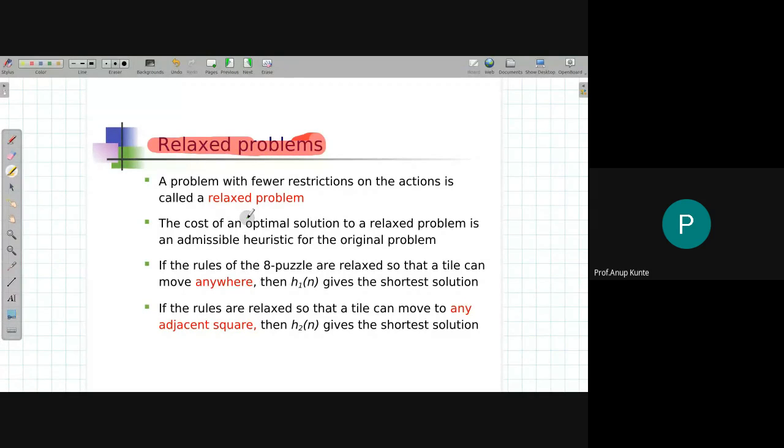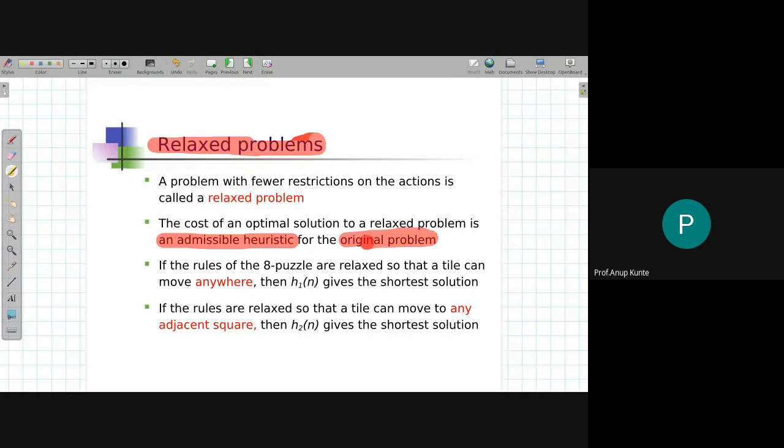Now, relaxed version of problem मतलब क्या है? प्रॉब्लम में जो कंस्ट्रेंट है उनको थोड़ा रिलैक्स करके अगर कोई प्रॉब्लम को सिंप्लीफाई किया जाए, और उस सिंप्लीफाइड प्रॉब्लम को मैं सॉल्व करने के लिए अगर कोई ह्यूरिस्टिक प्रपोज करता हूं, because that problem is easier to solve, I can easily get a heuristic value based on my experience of solving the relaxed problem. Okay, and it has been found that cost of an optimal solution to a relaxed problem is always or is mostly the admissible heuristic for the original problem.